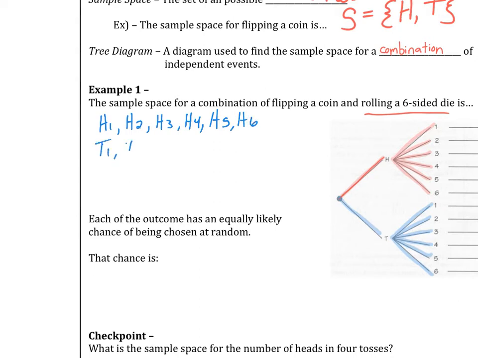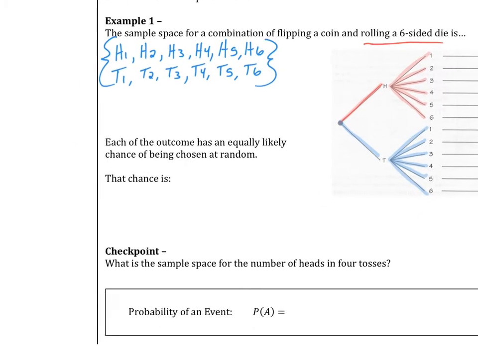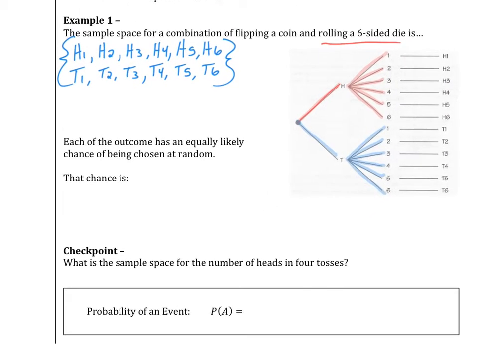And then T1, T2, T3, T4, T5, and T6 are all your possible tails. So the sample space has 12 things in it, and those 12 things we just listed. There's 6 possible combinations when you flip a head, and there's 6 combinations when you flip a tail. So 12 total. Each outcome has an equally likely chance of being chosen at random.